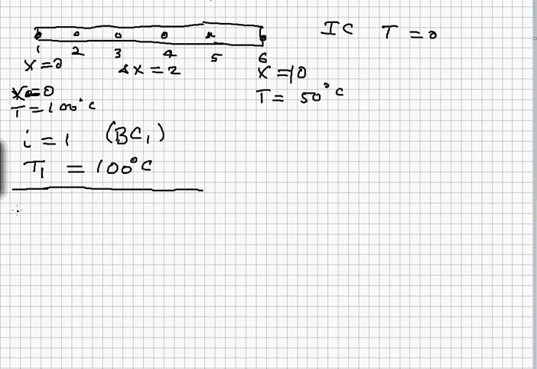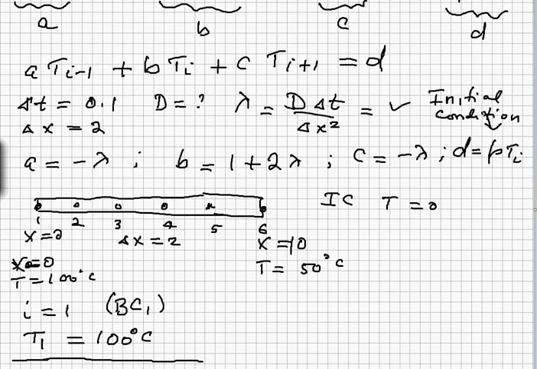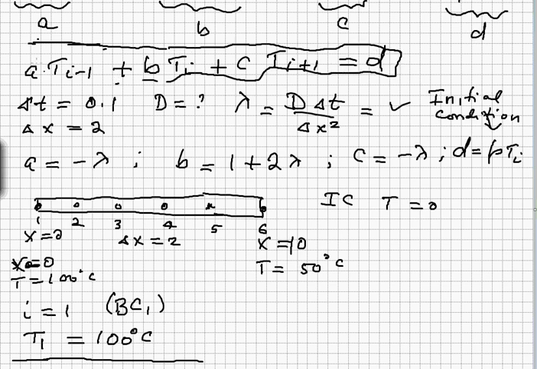So let's consider I equal to 2. When I equal to 2, I can write this equation. Remember, this is a general expression. This is the key expression, an important expression, the expression we are going to use.